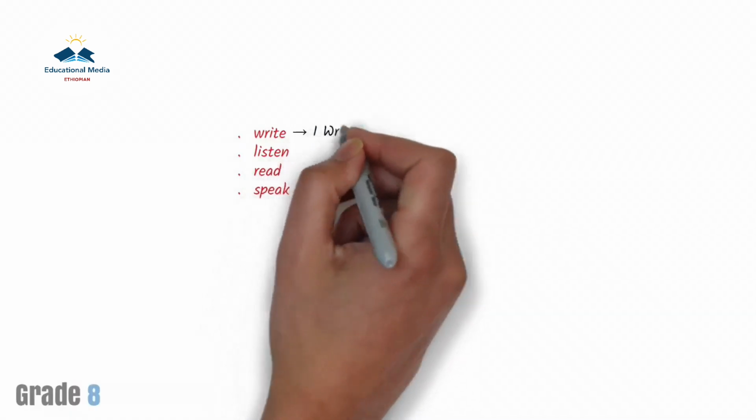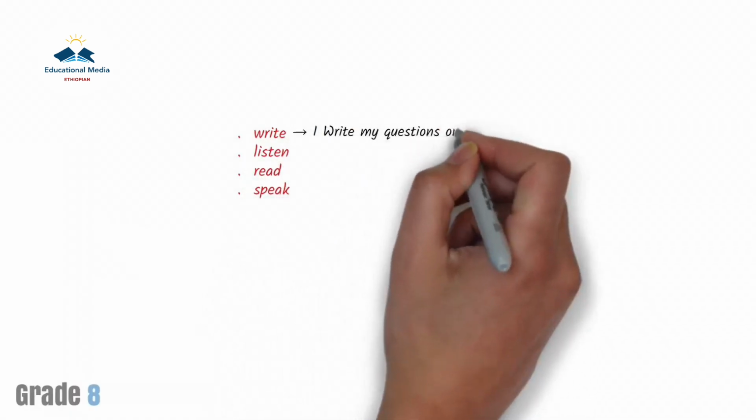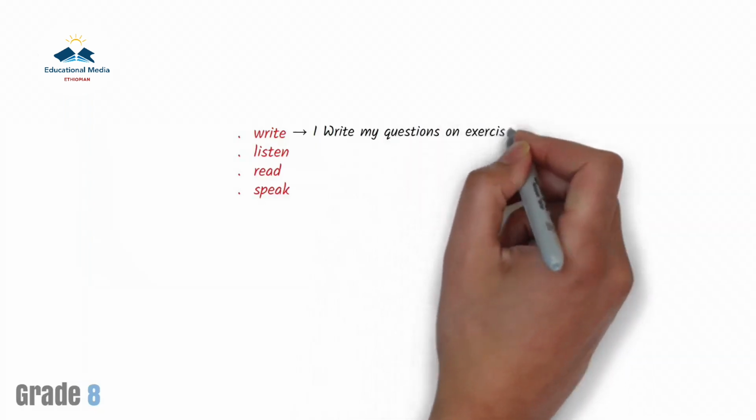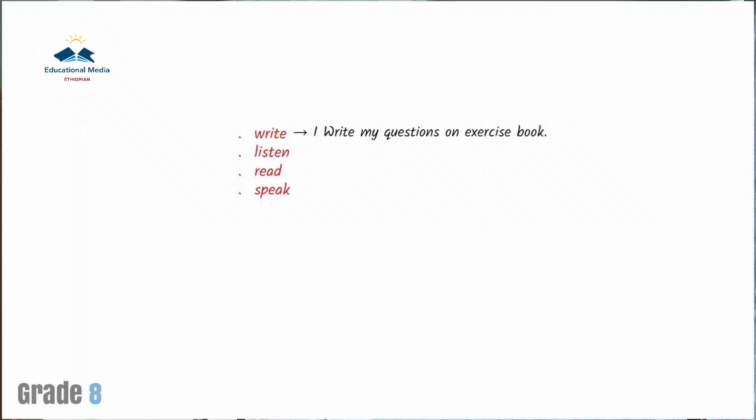I'm sure that you do this sentence in such a way. See? I write my questions on my exercise book. I write my questions, the questions that are given by the teacher, the questions that might be given by other persons.